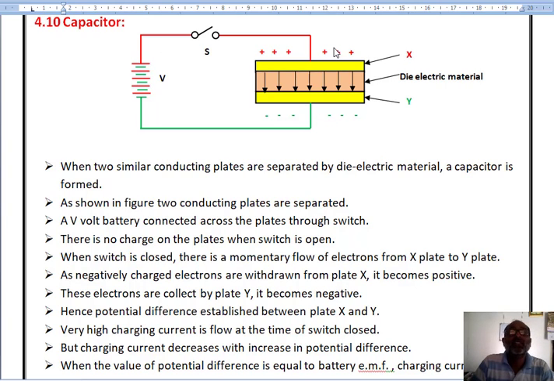Now when there is no charge initially, at that time you can close this switch, and the maximum, very high charging current passes through this switch and the plate. But the charging current decreases when the potential difference across these plates increases.